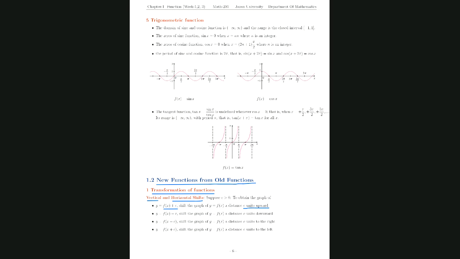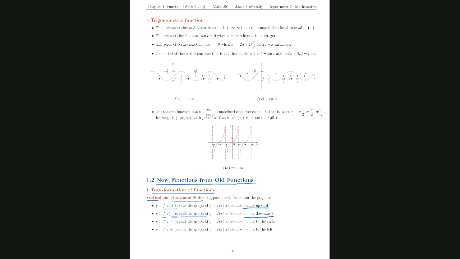Here if minus c, y is f(x) minus c, then shift the graph c units down. If minus 2, minus 3, minus 4, minus 5, then downwards. If minus 2, then 2 units downward. If minus 3, then 3 units downward, downside.